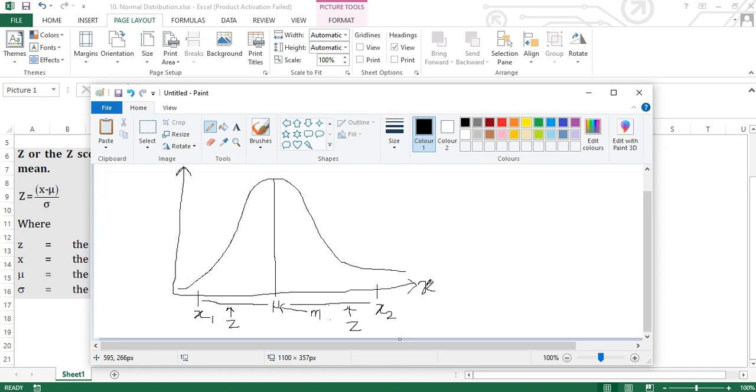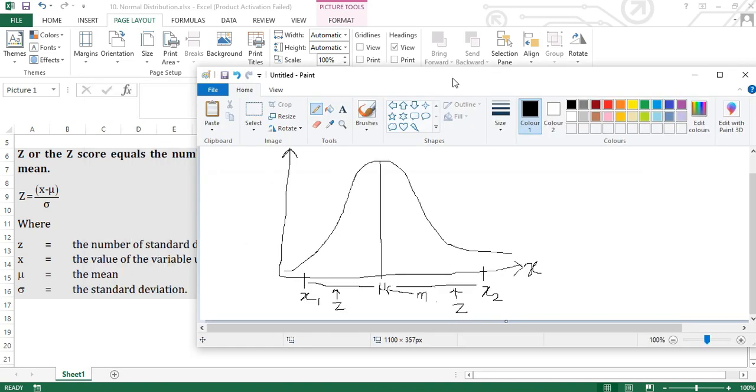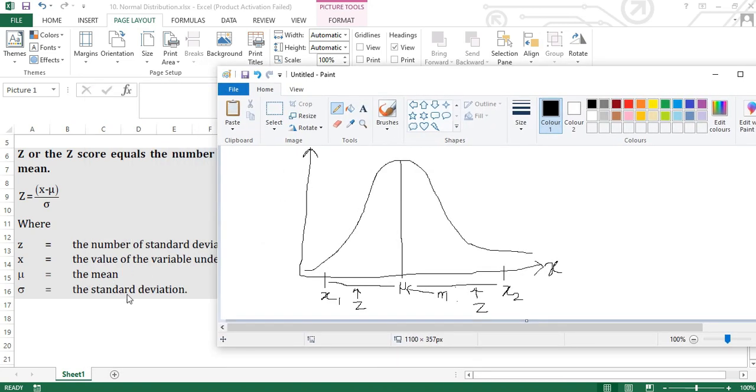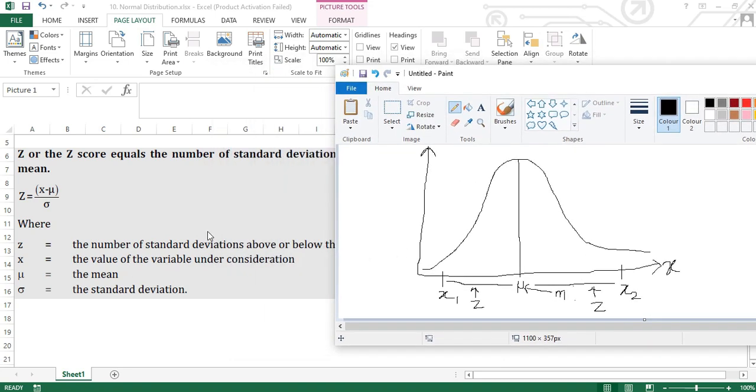What you should remember is that the gap between the mean and the value of x is only equal to z. And you divide it by the standard deviation, which is given in the question. X is the value of the variable under consideration, and Z is the number of standard deviations, that means how far x1 is from the mean. This is what it means.